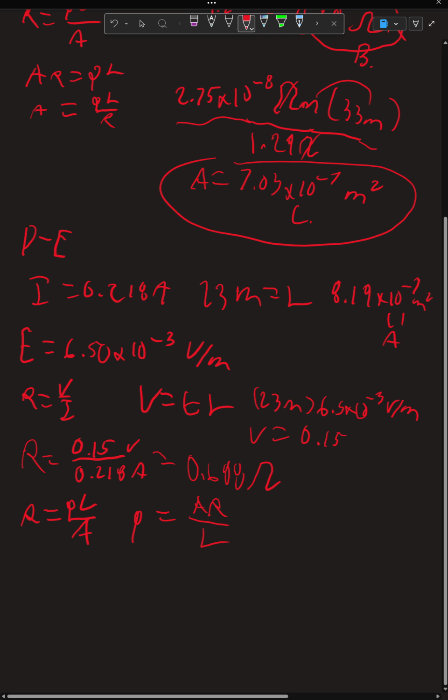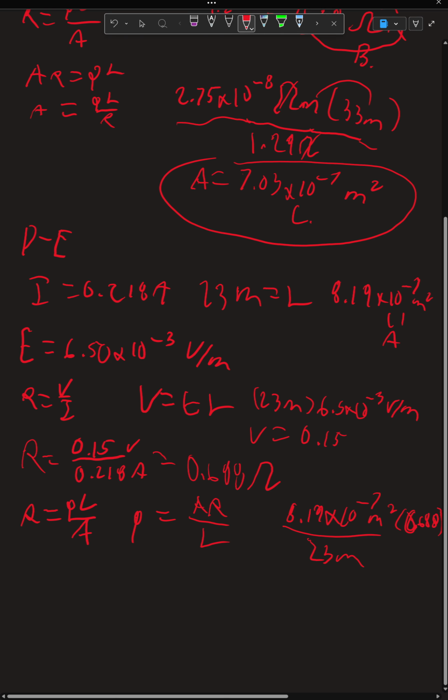Since we have area is 8.19 times 10 to the power of -7 meters squared over, what was the length? The length was 23. And then don't forget resistance. Resistance is 0.688 ohms.